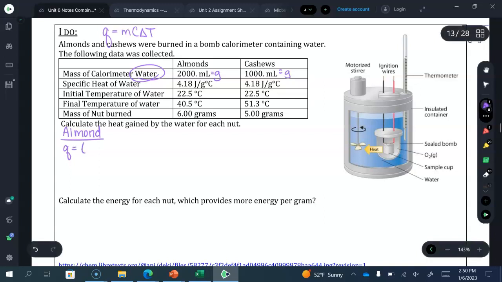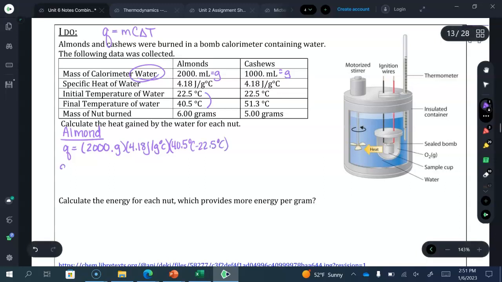So Q is equal to 2,000 grams because 1 milliliter of water has a mass of 1 gram of water. So 2,000 milliliters is 2,000 grams for water. And we're going to multiply it by its specific heat, which is 4.18 joules per gram degrees Celsius. And then its change in temperature is here. So 40, T final minus T initial.